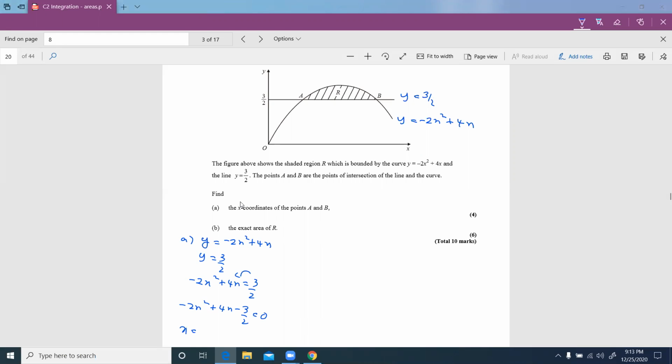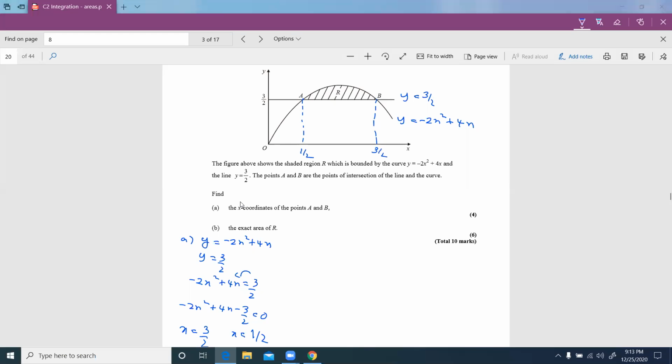From here you can get the x coordinates. If you work this out, one answer is 3 over 2 and the other answer is 1 over 2. So this coordinate is 1 over 2 and the other coordinate is 3 over 2.